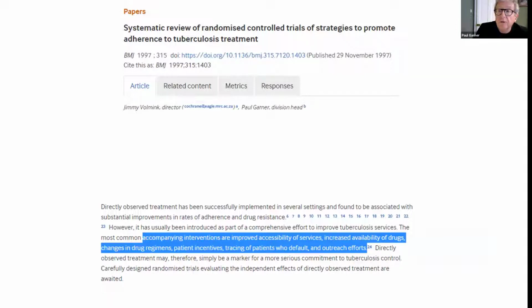And the review that we carried out with Jimmy Volmink included in the discussion that there were no randomized controlled trials in this area. There were lots of observational studies, and all of these trials had accompanying interventions, improving access to services, increased availability of drugs, contact tracing, and so forth, that were to account for the assumed effects.